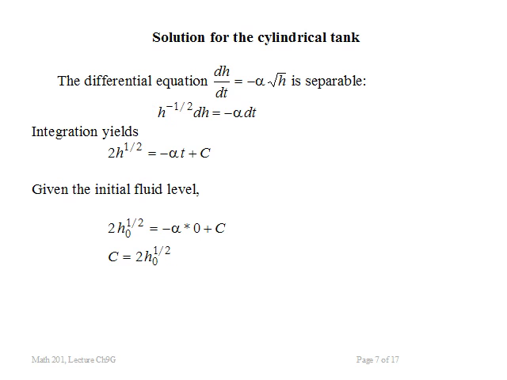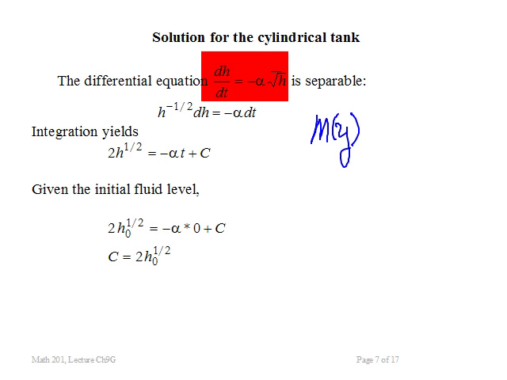So here again is our differential equation, and it's separable. Remember the form for a separable equation? I'll write it out. You would have some function of y, dy by dx equals some function of x.